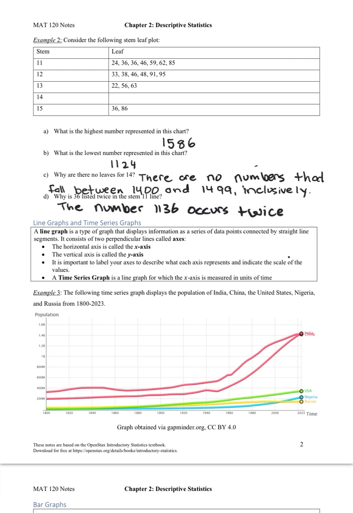If we are asked for India's population in 2000, India is this top line here, and in the year of 2000, it looks like their population is somewhere between 1.2 and 1.4 billion, probably a little bit closer, maybe to 1.25 billion. So this would be an example of a certain type of line graph, more specifically, a time series graph.